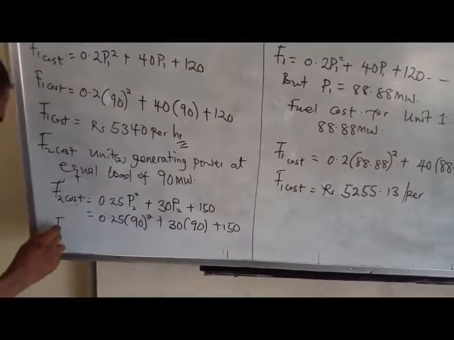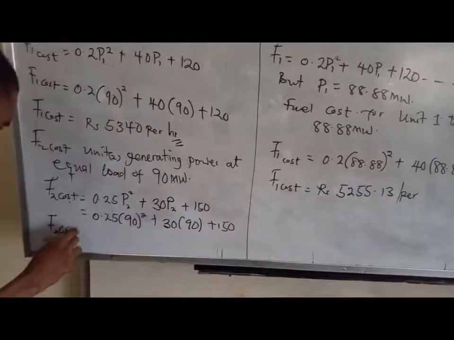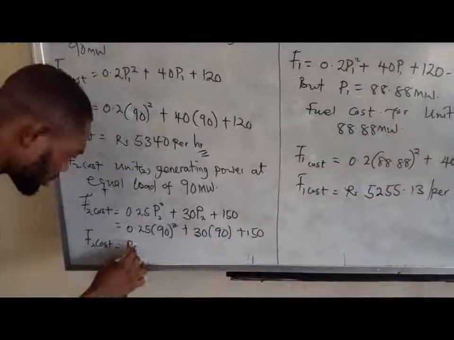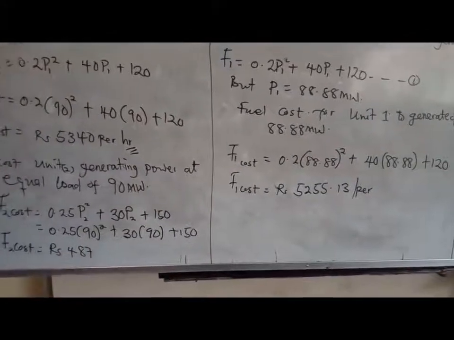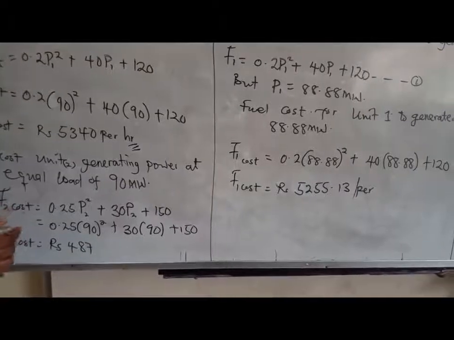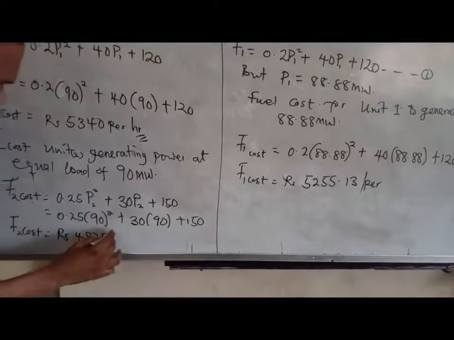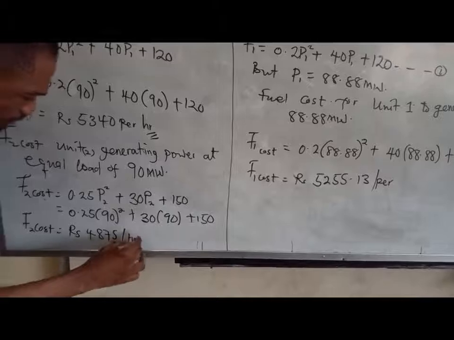Then the fuel cost for unit 2 will be 4,875 per hour.